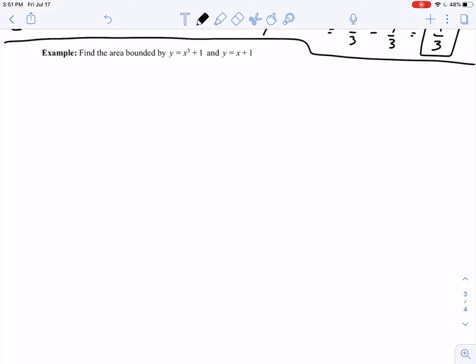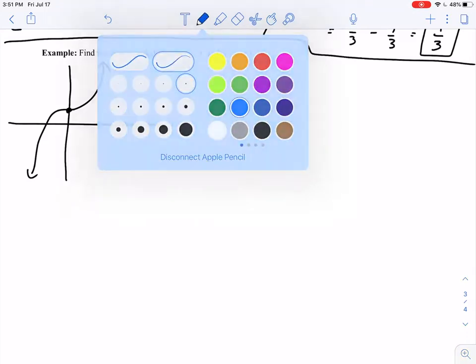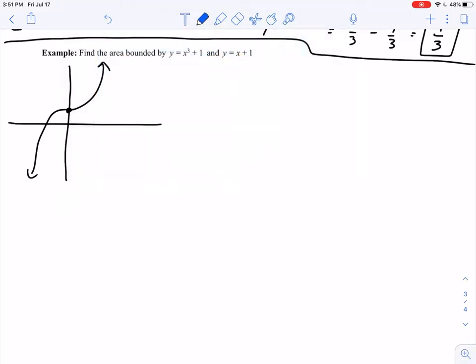What you would see if you graphed these two functions, think about this, y equals x cubed plus 1. That's just the cubed function shifted up by 1 unit. So you would see something that looks like this. And then y equals x plus 1. That means, for this line, my y-intercept is 1, my slope is a positive 1.